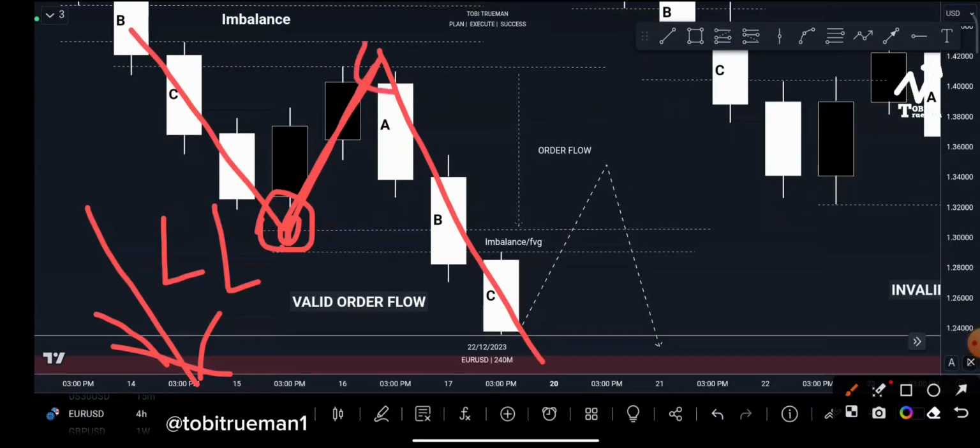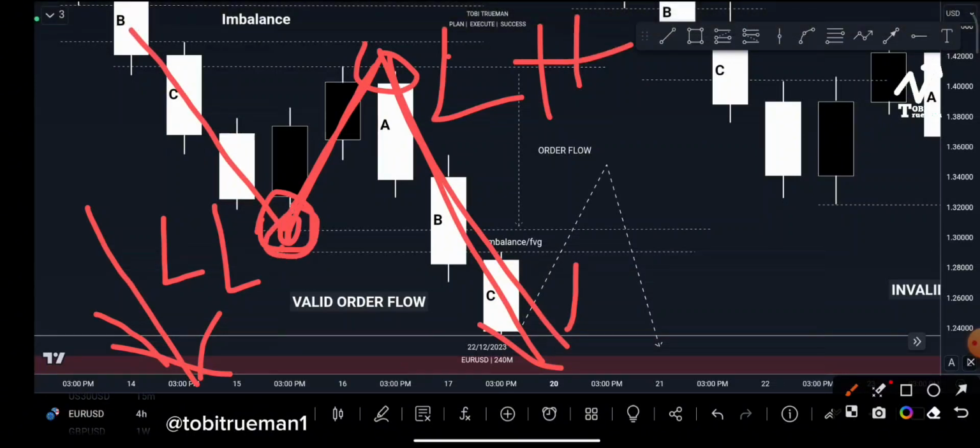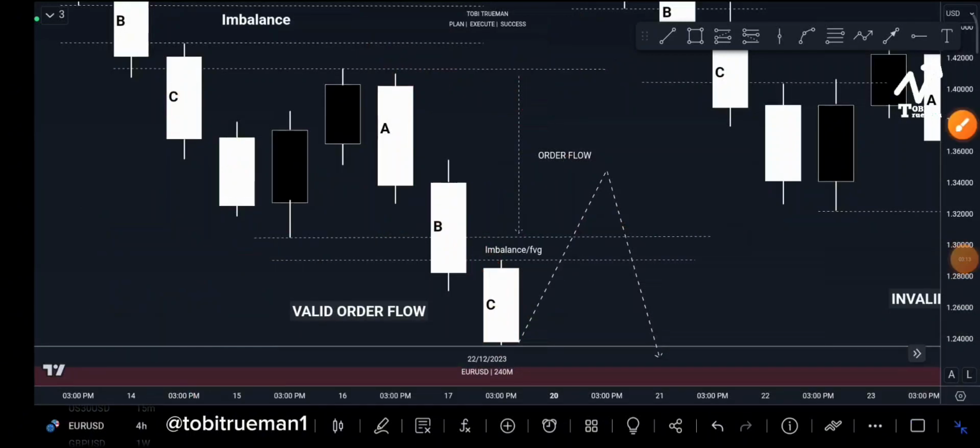Then when the price comes down, it makes an impulsive move again. This point we are going to call a lower high. Therefore, the range between this lower low and this lower high, when price broke this lower low downward, this space, this gap, is going to be called our order flow. As such, this is an order flow.